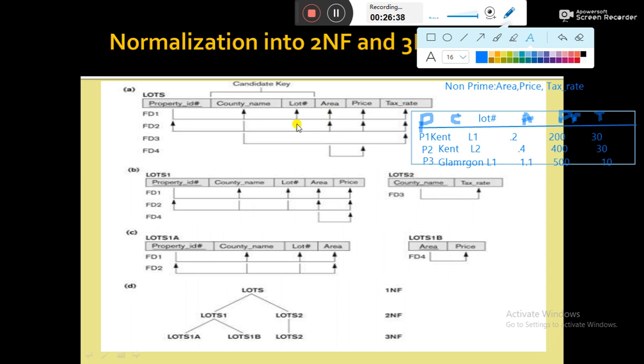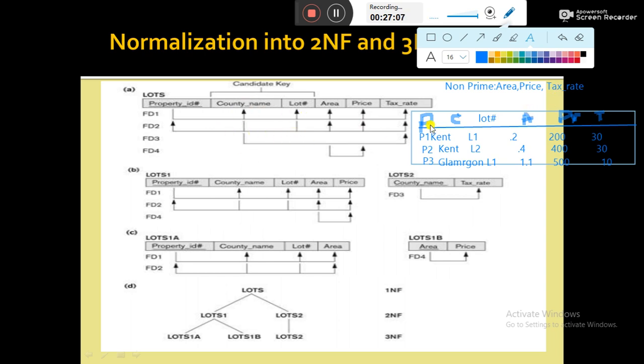Yes, based on FD2, area is functionally dependent on both county name and lot number. So this is okay. Next, another non-prime attribute, price, is again fully dependent on the composite primary key. Price is dependent on both county name and lot number.